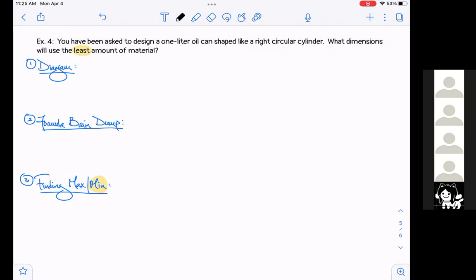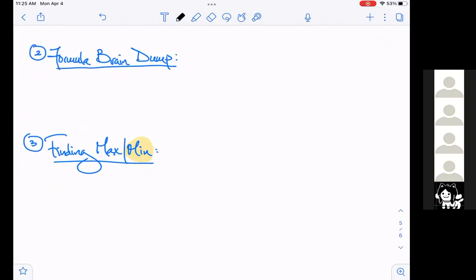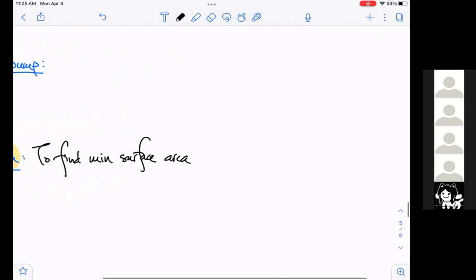It doesn't use those words exactly, but that's why when we think about, what does area mean? What does volume mean? That helps us figure out what we're trying to find, okay? So I would say here that we are to find the minimum surface area, all right?